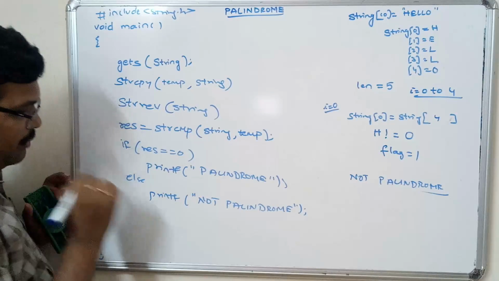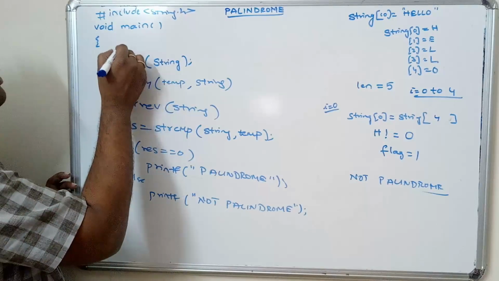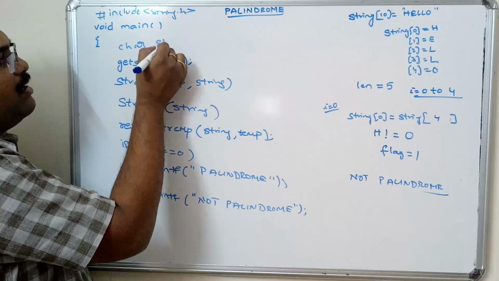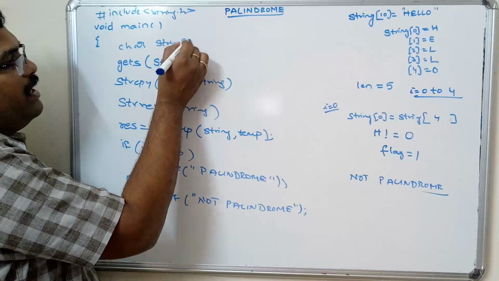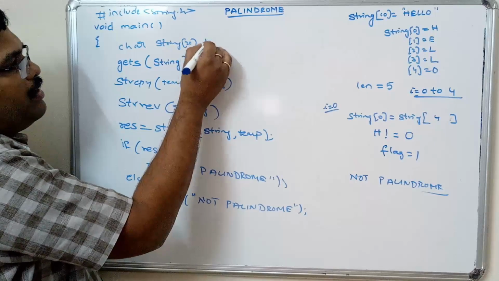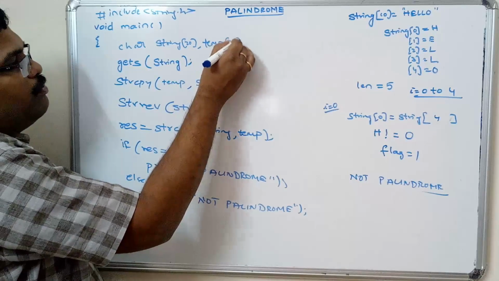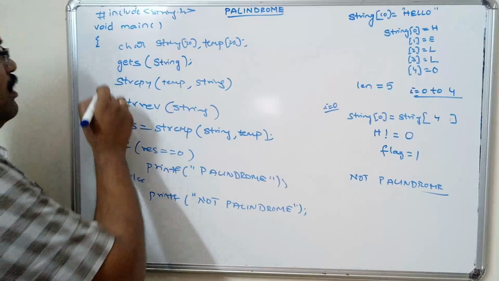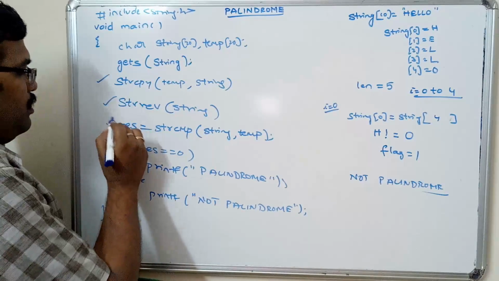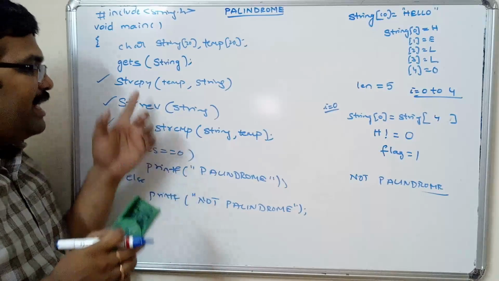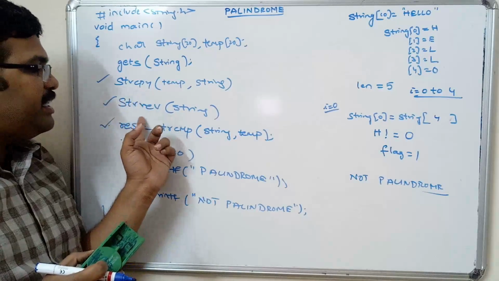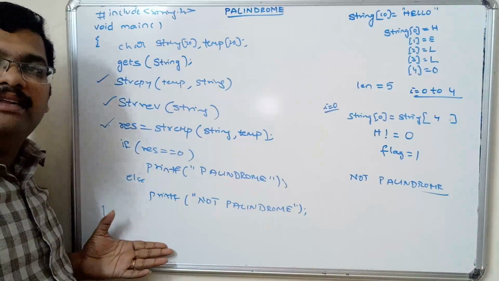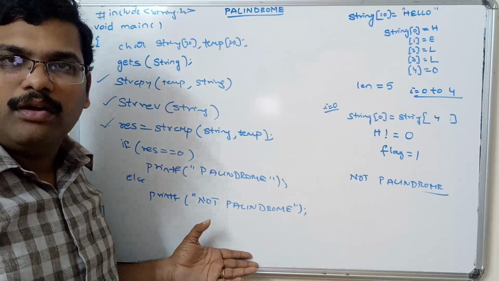Simply we can close this one. Declare the variables: char string of 20, comma, temp of 20. Here also we have to include string.h because we are using 3 functions: string copy, string reverse, string compare. So this is also a simple program to find whether the given string is a palindrome or not.